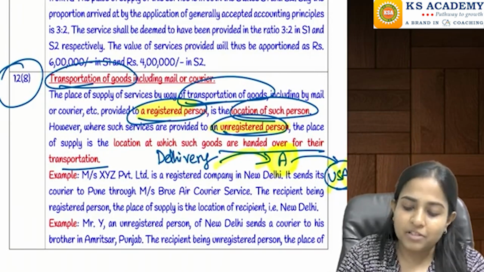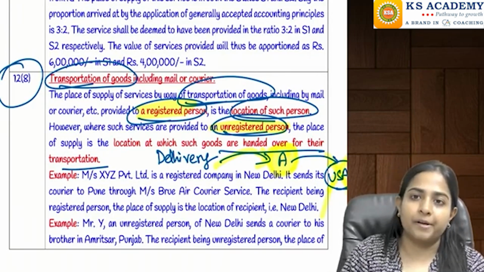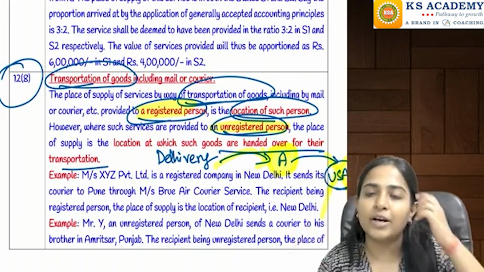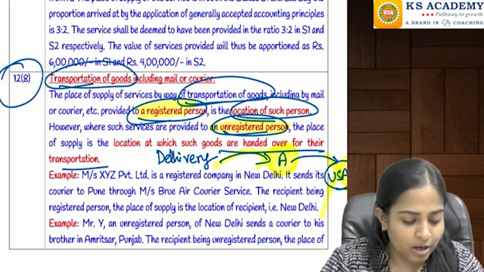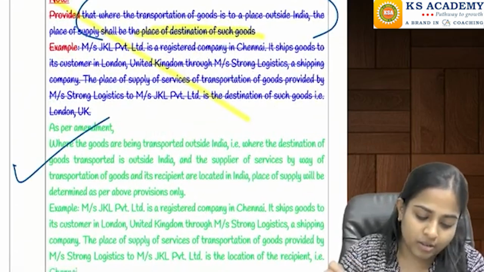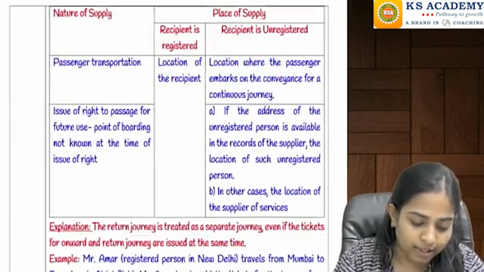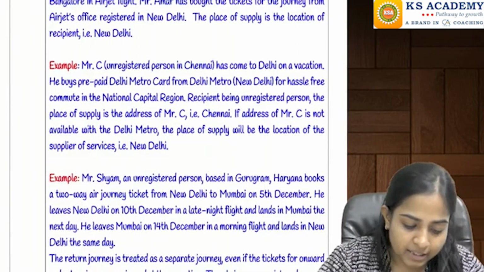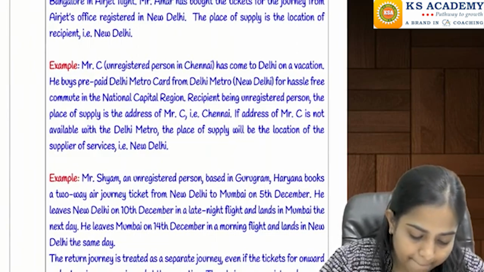Are you clear with this? We are not concerned where the goods are going. This we had already considered in the lecture, but now this is a confirmed amendment applicable for the examinations. So here the example is also given for that. Then after that, the next one.